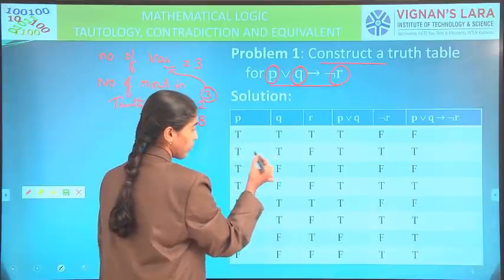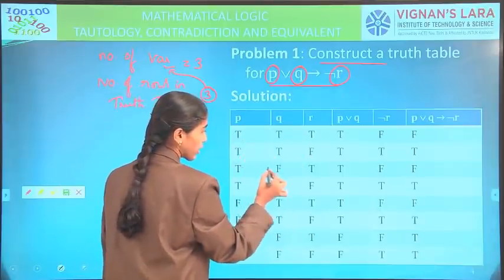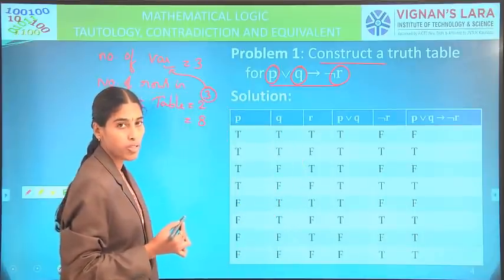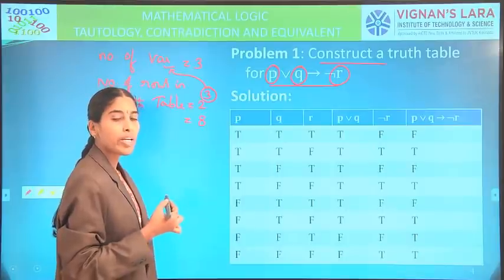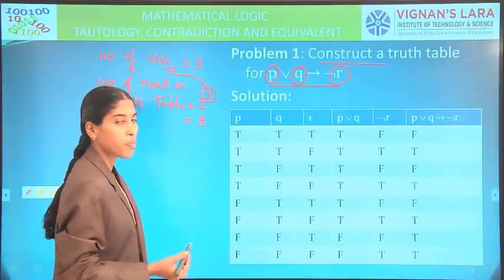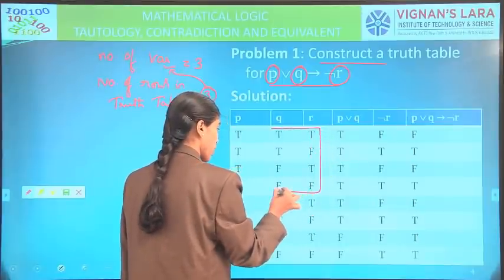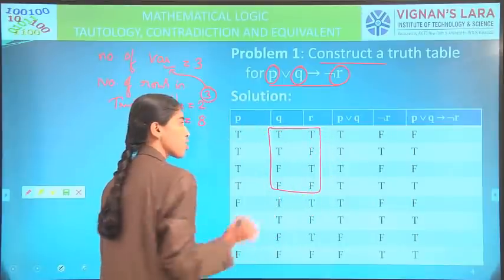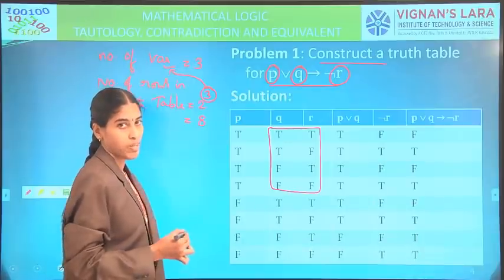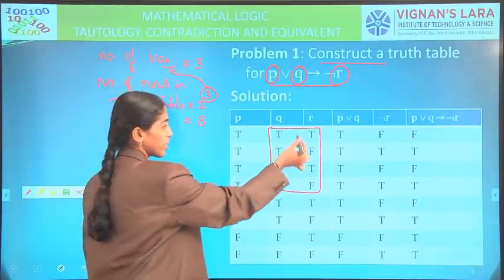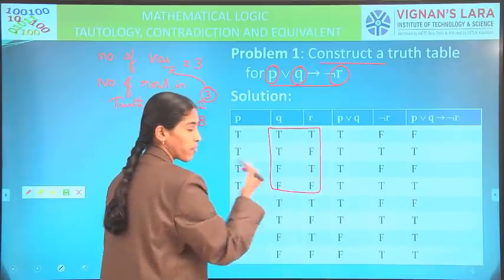T, T, T, then T, T, F, T, F, T, T, F, F. Like that we write all the 8 possible combinations. How can we remember these 8 possibilities? Simply, we write the 2 variable possible combinations twice, because all of you remember easily the 2 variable combinations TT, TF, FT, FF.